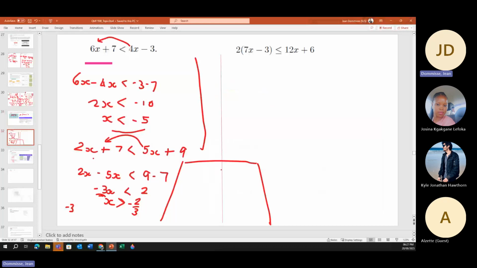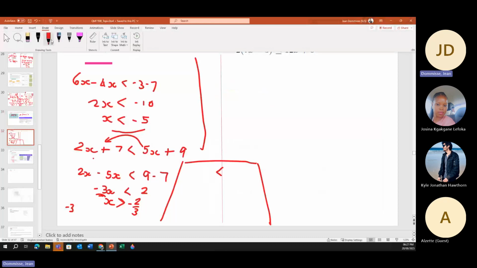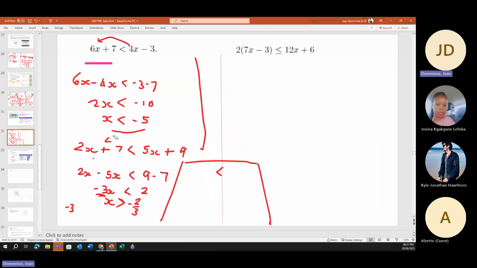What I normally want is to have all my positive x's on one side, so I don't need to work with a negative x. So with this example, I would have done the opposite. I would have said, okay, let's take the 2x to that side.